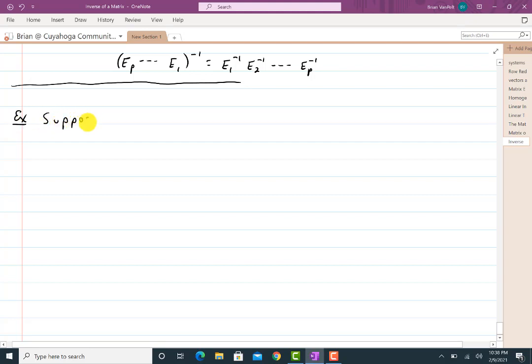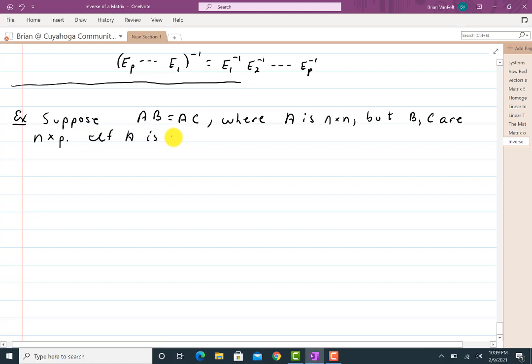Suppose AB equals AC, where A is n by n, but B and C are n by p. If A is invertible, then we can do the following.